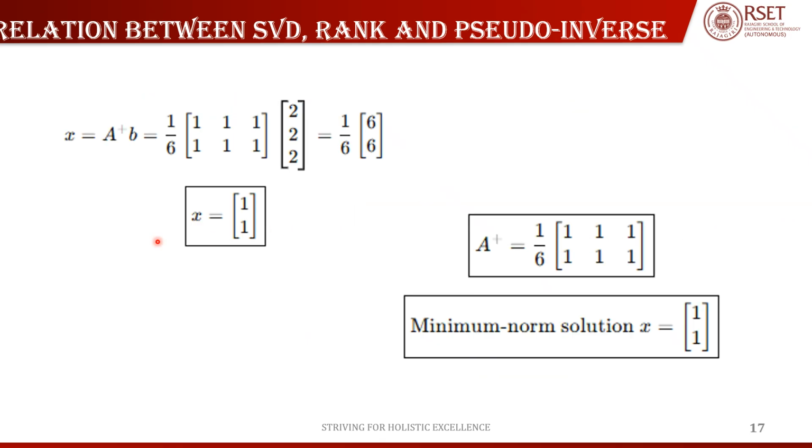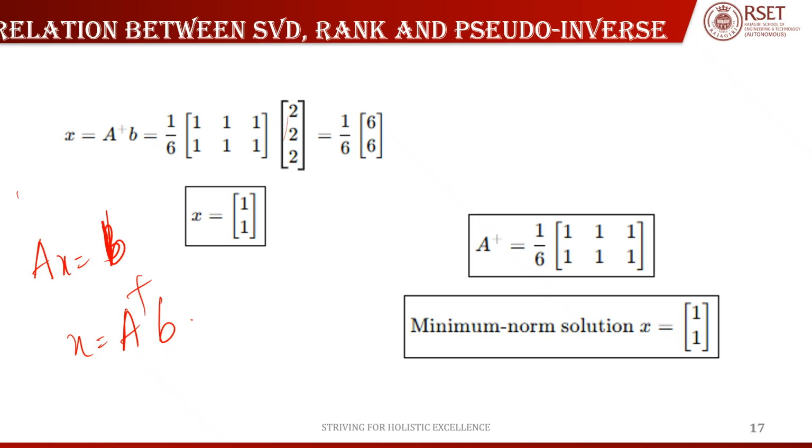And sorry, before that, it was asked to find the solution of Ax equal to b, right? We were asked to find the minimum norm solution. So what we do is x is equal to the pseudo inverse of A times b.